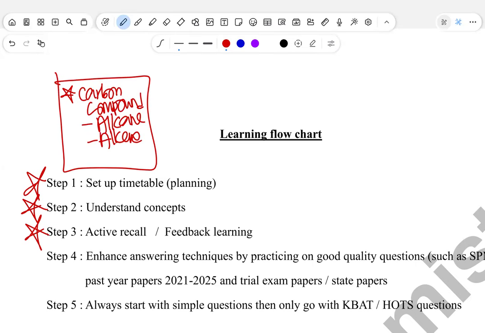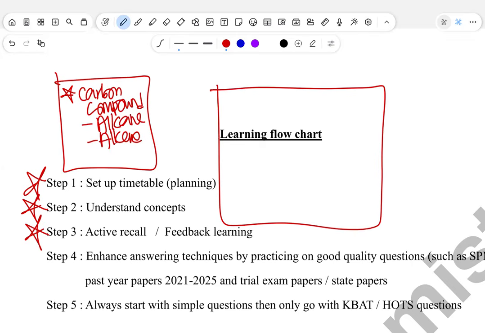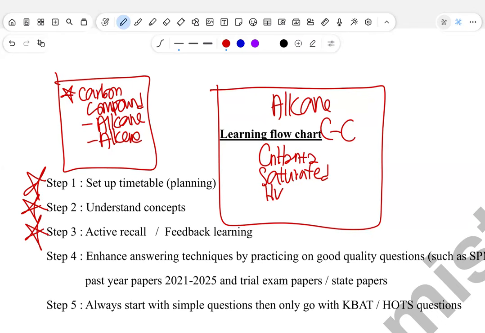So after you read your alkane and alkene, if possible, take a piece of paper, ask yourself what you read so far. Alkane, the functional group: carbon-carbon single bond. General formula, CnH2n+2. Alkane is called saturated hydrocarbon.